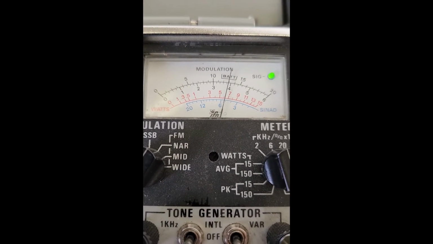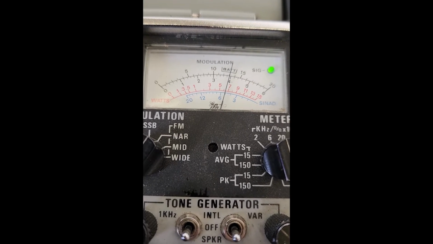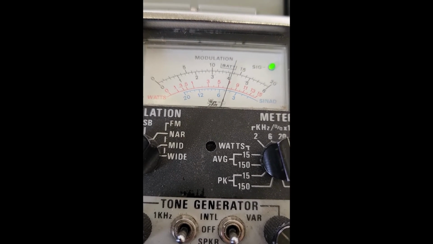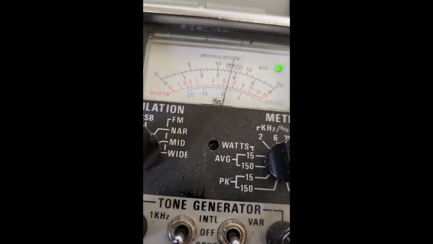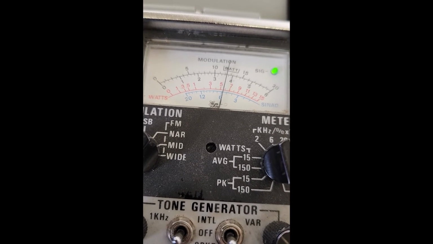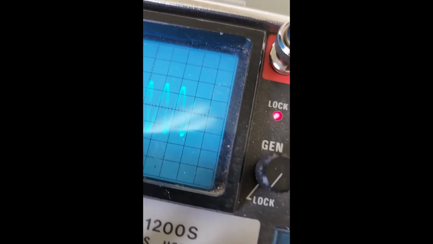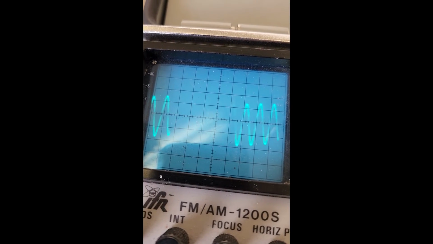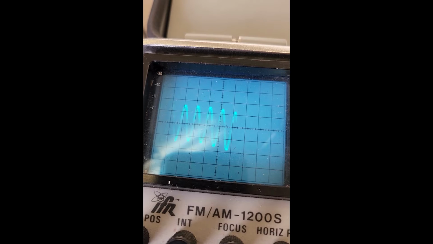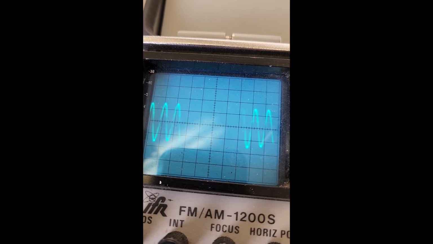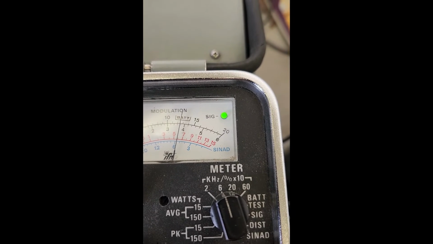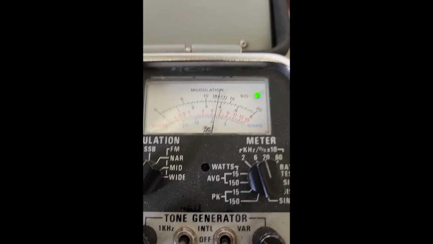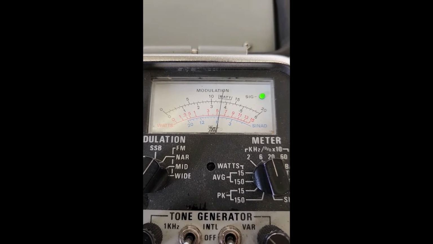Now this is the output of the radio that I'm setting up, so this is my level. Sorry about the wave scrolling across the screen like that. That's my camera, but you can see about 3.4 kc deviation there.